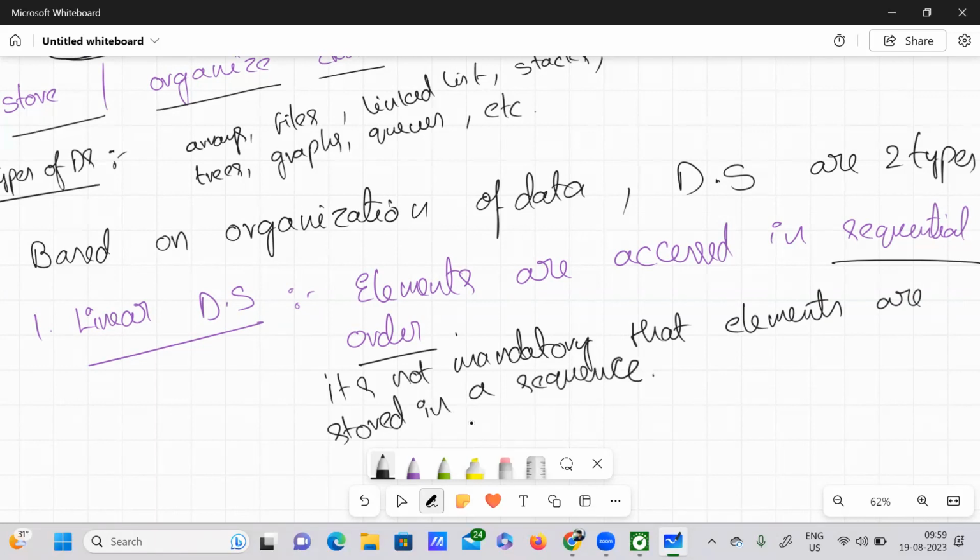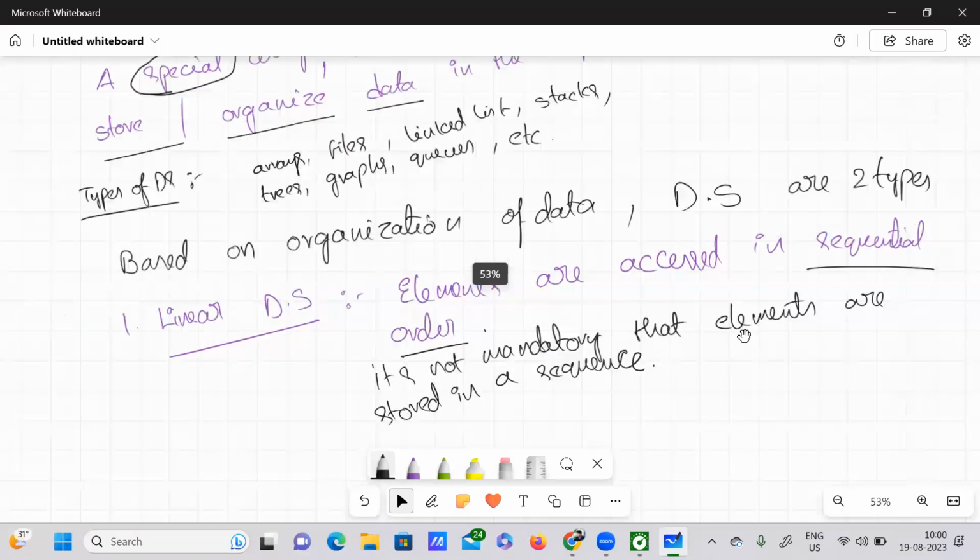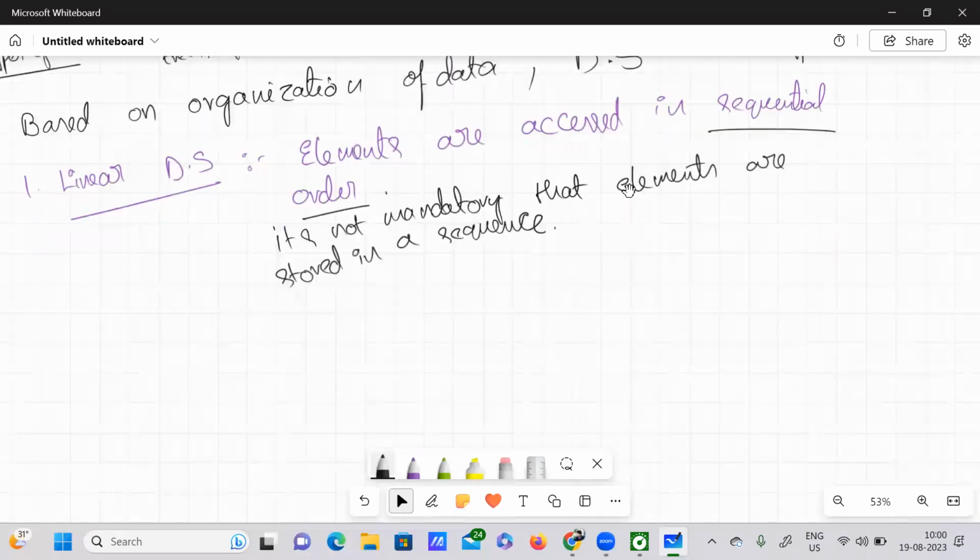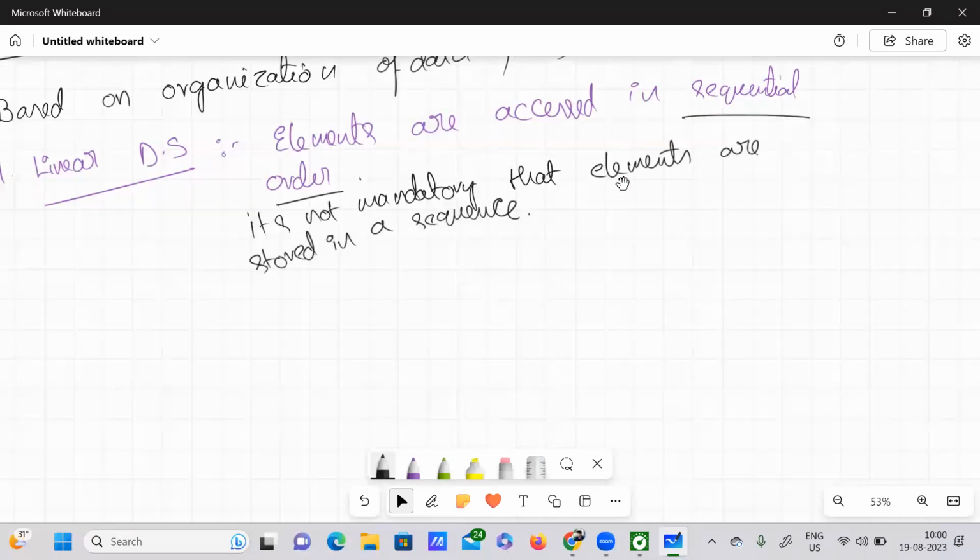Only accessing the elements in a sequential order is compulsory, but it's not at all mandatory that these elements be stored following a sequence. They can be stored in a random way. Then it is called a linear data structure.